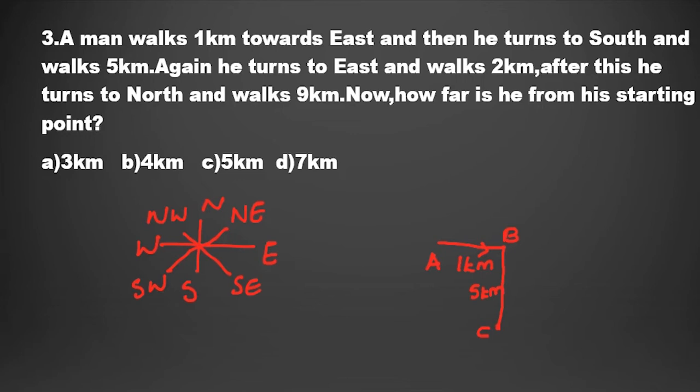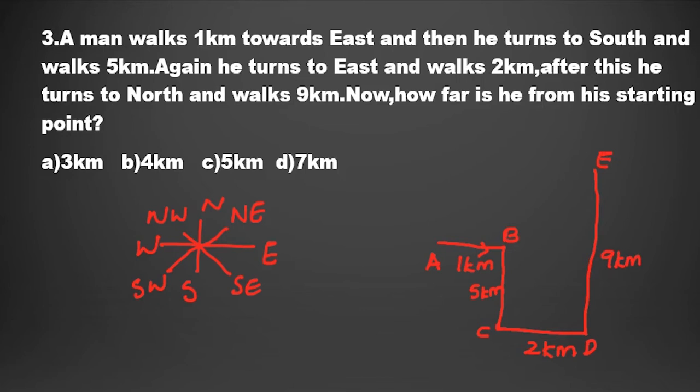From C, he turns to east and walks 2 kilometers. After this, he turns to north and walks 9 kilometers. Let this point be D, and from D he walks towards north up to 9 kilometers. Let this point be E.